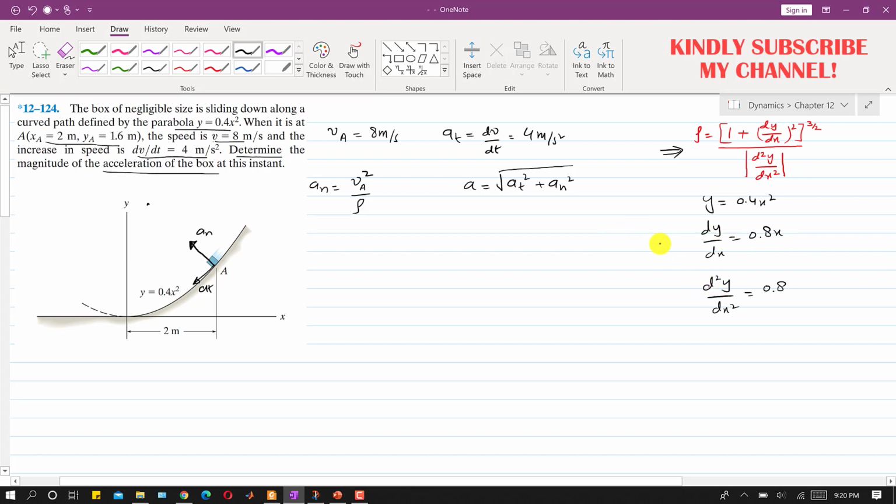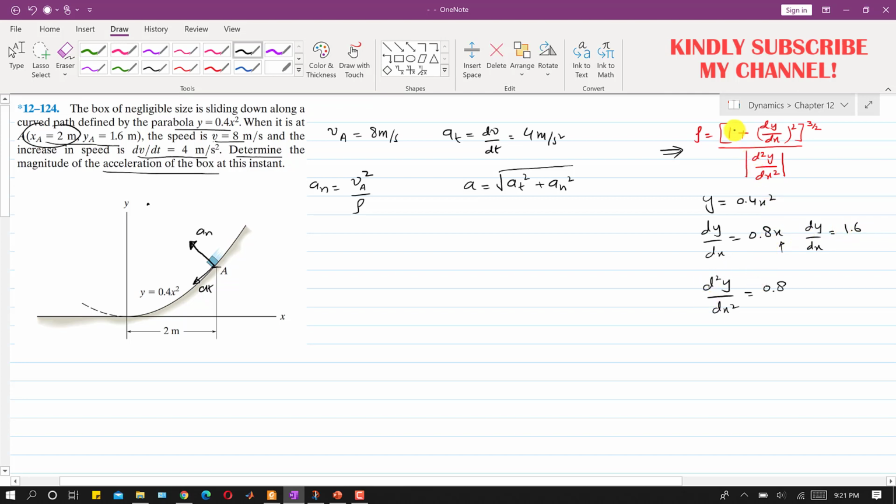And we need to find the radius of curvature at this particular point. At point A, the x coordinate is 2 meters. So if we want to find dy by dx at that point, we have to put x equals 2 meters. Then dy by dx will be 0.8 into 2, so that will be 1.6.